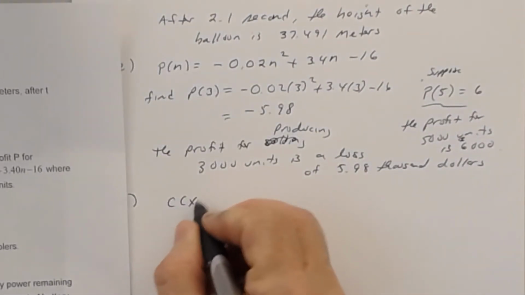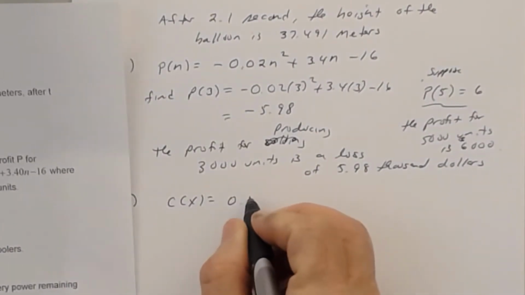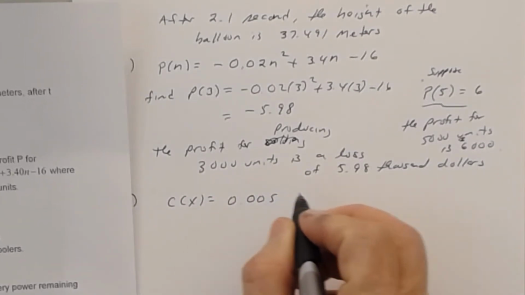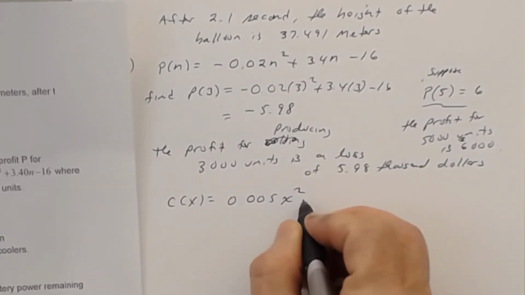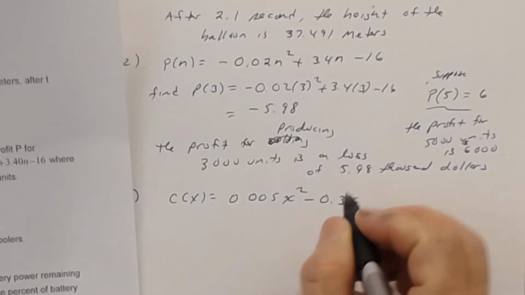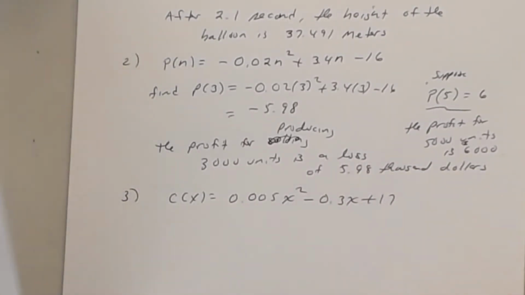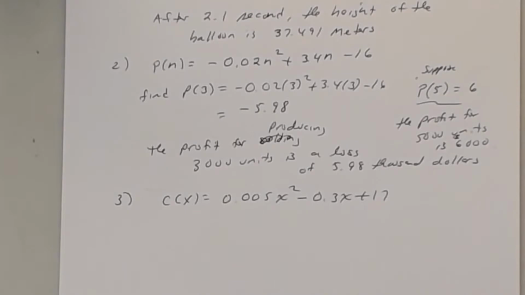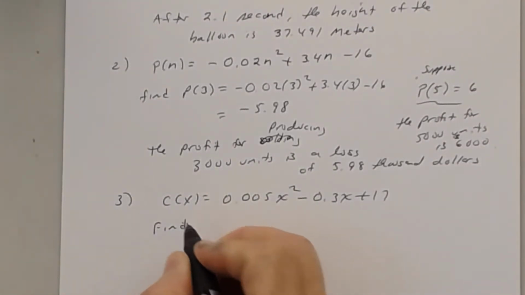So C of X equals 0.005 X squared minus 0.3 X plus 17. And then it's asking you, though, find the cost of producing 100 coolers.